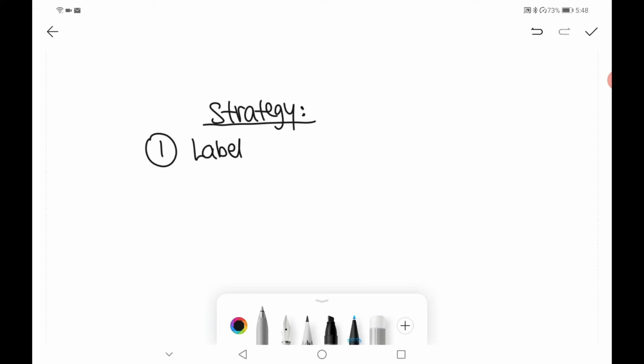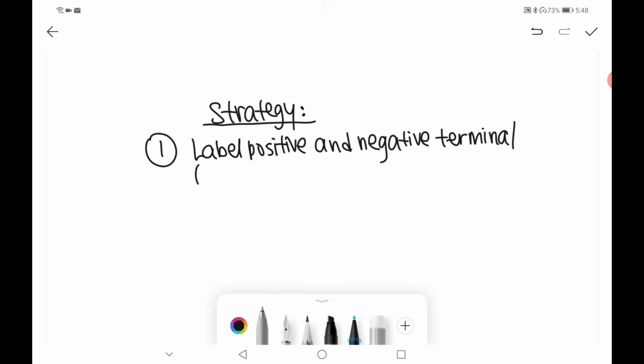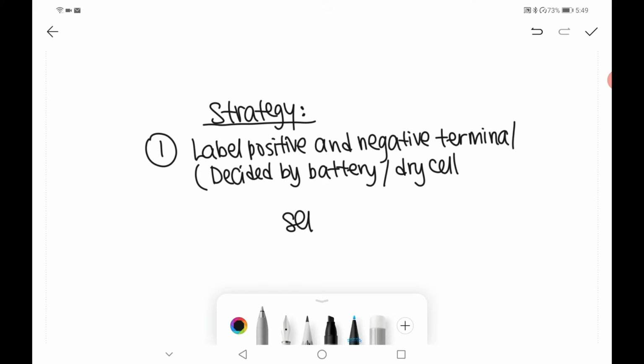The positive and negative terminal in electrolysis is actually decided by the battery. Battery can also be called dry cell. In BM they call it sel kering. So now we use the battery to decide whether it's positive or negative terminal.